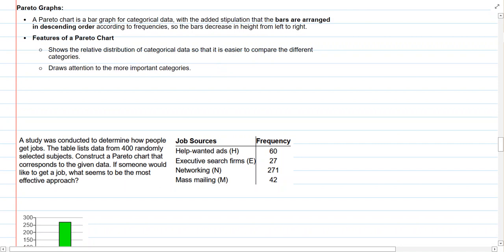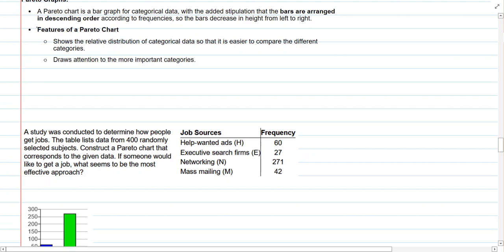It's called the Pareto. I think I'm saying it right. Pareto graphs. The Pareto chart is a bar graph for categorical data. Again, that's like a bar graph, but it's different, with the added stipulation that the bars are arranged in descending order. Descending, large to small.